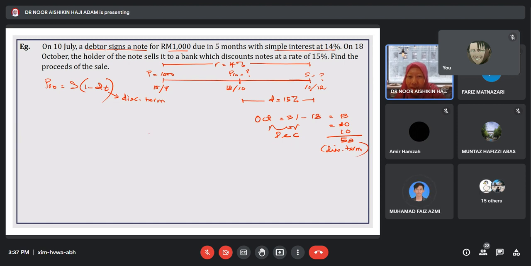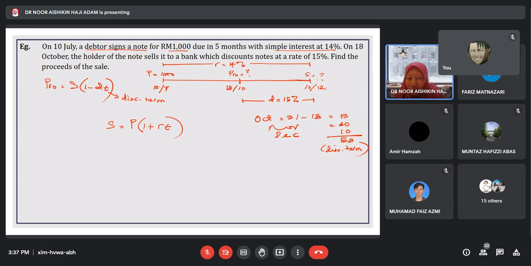So how do we find S? S equal P (kurungan) times 1 plus RT. Kenapa? Sebab kita ada R. Kan?